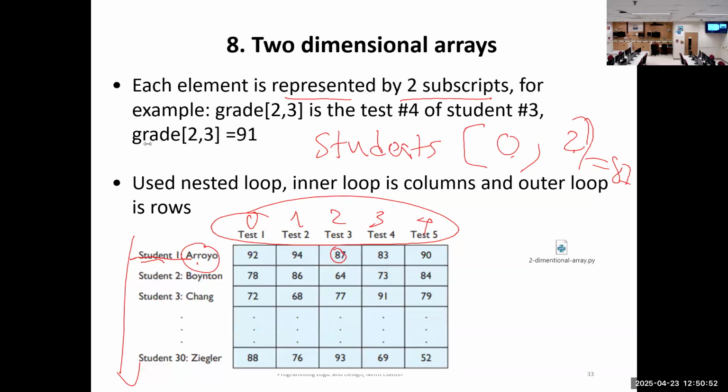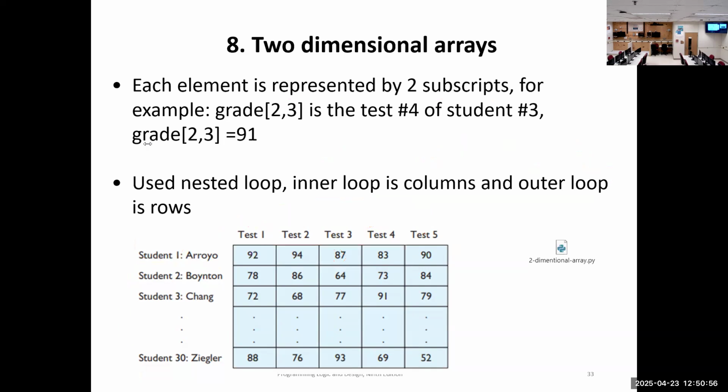Represent by 2 indexes. So now if you look on this table here, I'm asking you, what is the grade of student 2 and 3 here? What is it?